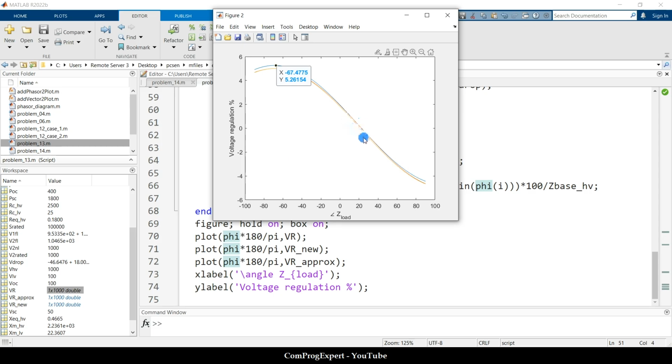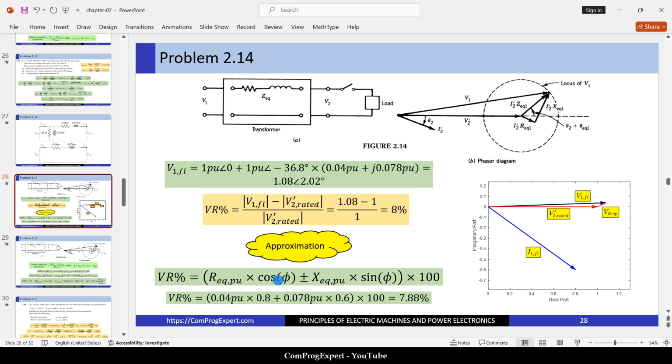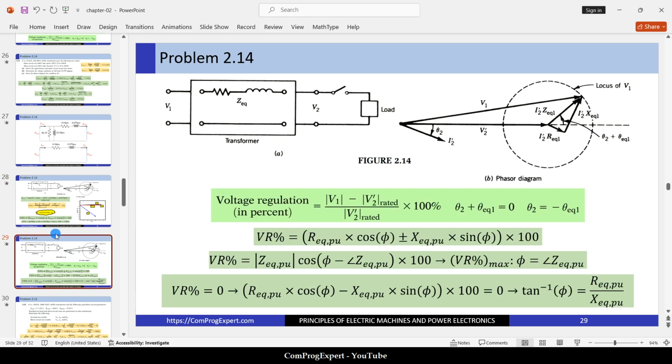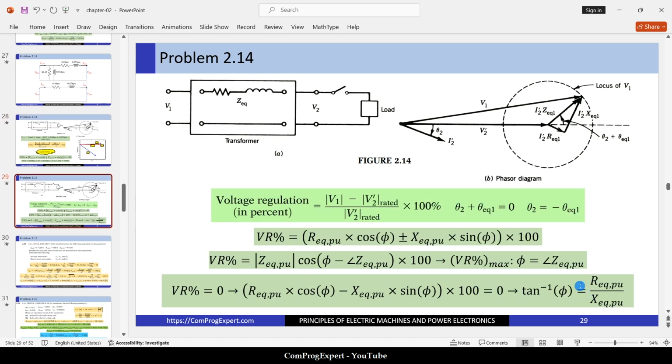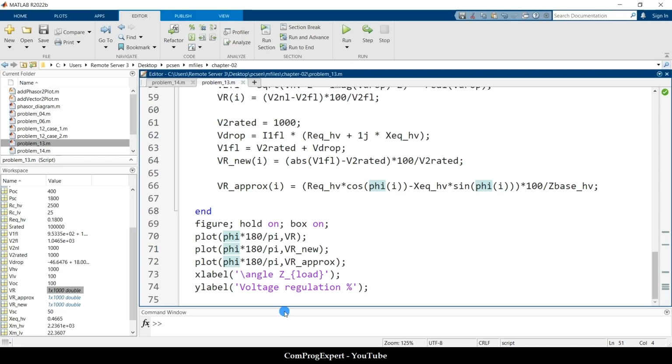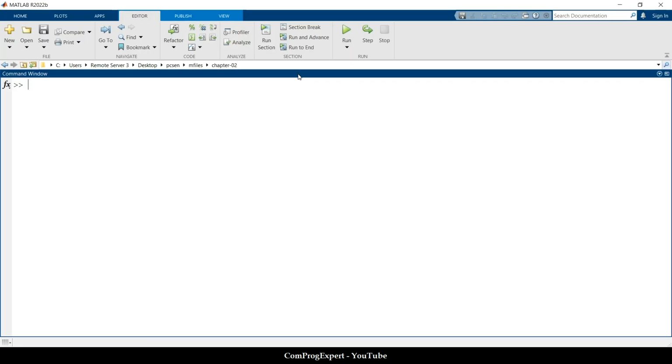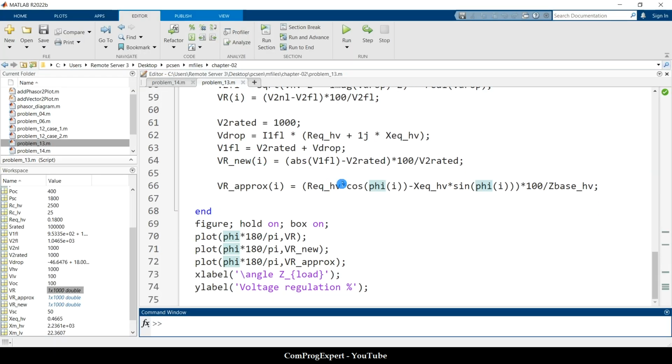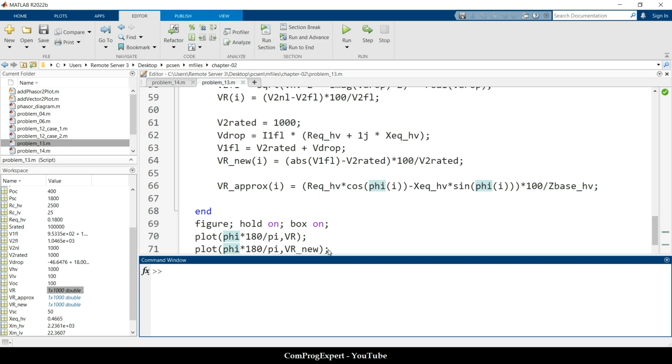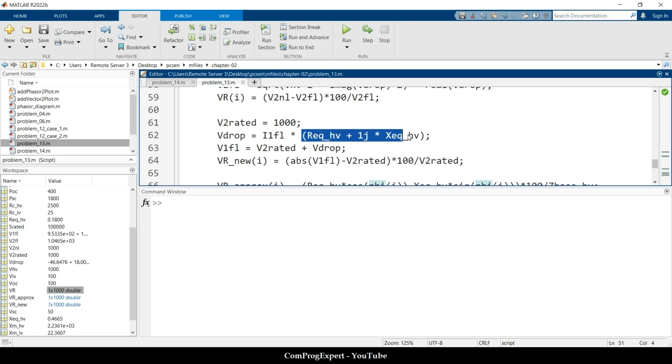So let's check the equations that we derived here. The maximum voltage regulation should occur here. So what is the angle of the Z equivalent? This is the Z equivalent.